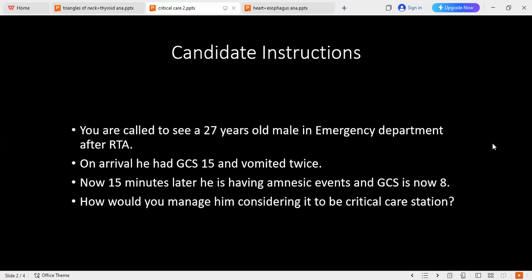Please tell me the pathophysiology behind the Monro-Kellie hypothesis. The basic principle of this hypothesis is to consider the cranium a fixed box containing three components: brain, blood, and CSF.